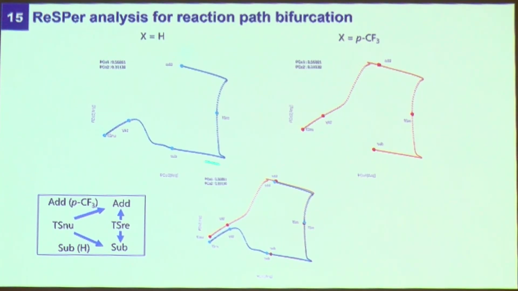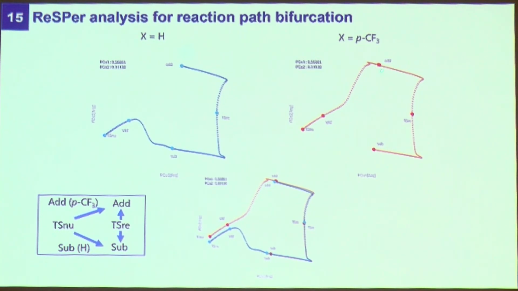And in this case, there are two highly curved regions. So this is a transition state, and this is the add structure. Okay. So one is the initial first IRC and the second IRC. But for the X equal para-CF3 case, starting from the transition state, it goes to sub.